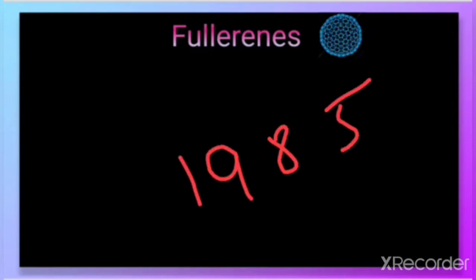Next topic is fullerenes. Up to 1985, it was considered that carbon had only two allotropes, diamond and graphite. But in 1985, scientists discovered a new family of carbon allotropes consisting of clusters of carbon atoms.